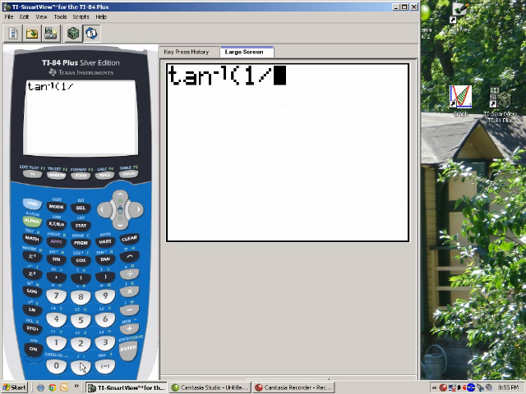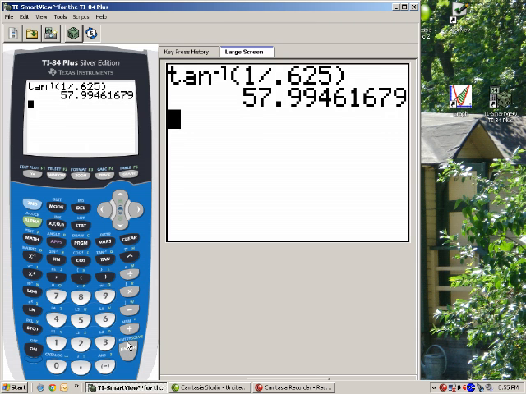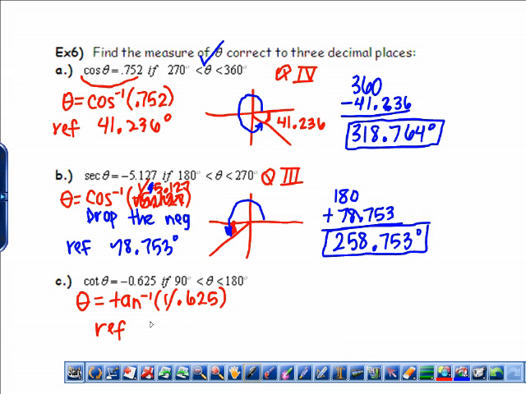Arctan of 1 divided by 0.625. There we go. 57.995. And that's degrees.